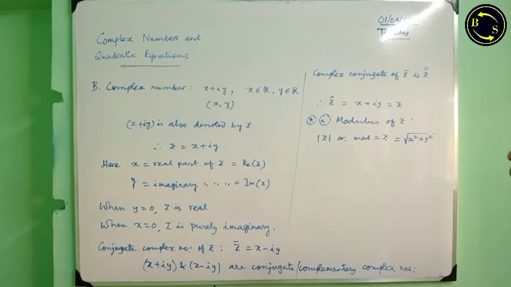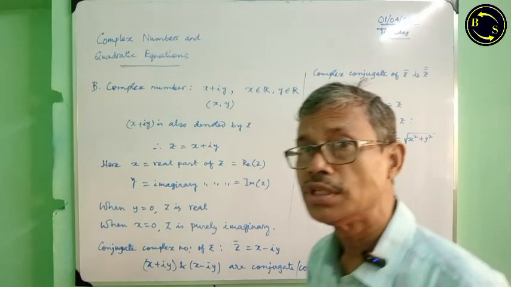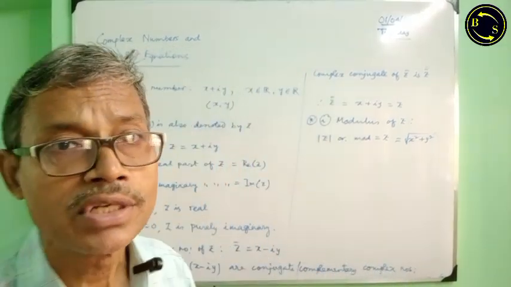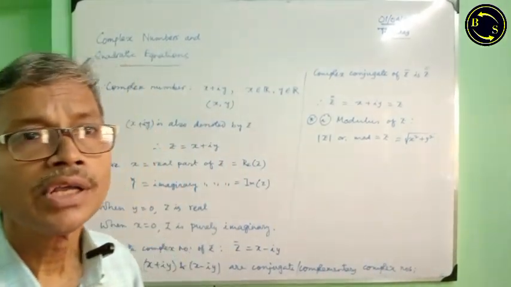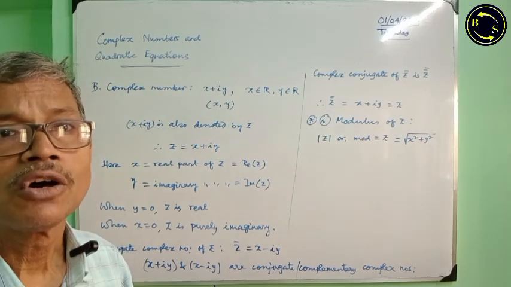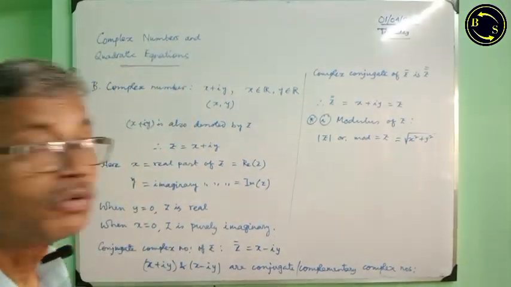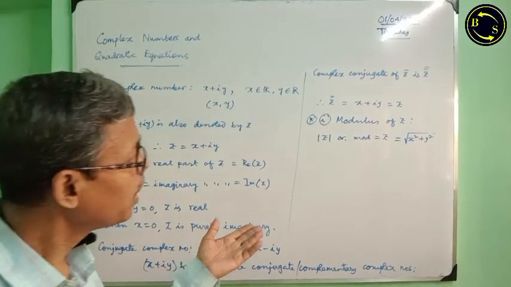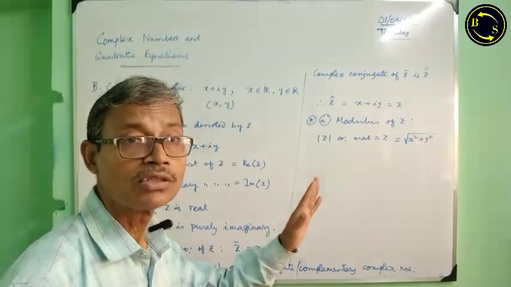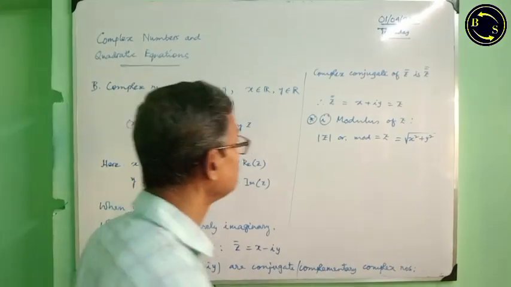Actually, in the next episode, I shall discuss the representation of a complex number on the complex plane or z plane or Argand plane, where we shall explain why the modulus of z is root over x square plus y square.